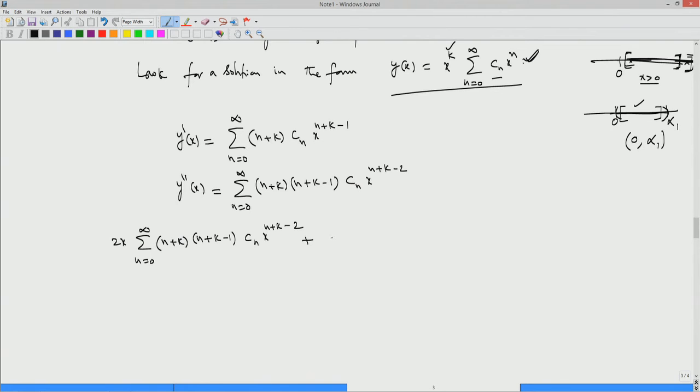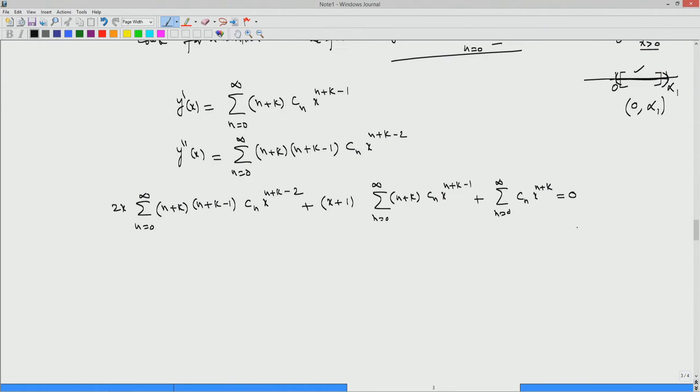Plus x plus 1 times y dash, that is the sum for n from 0 to infinity of n plus k c n x power n plus k minus 1. That is the second part. And the remaining part is simply y, that is the sum of c n x power n plus k, equal to 0.